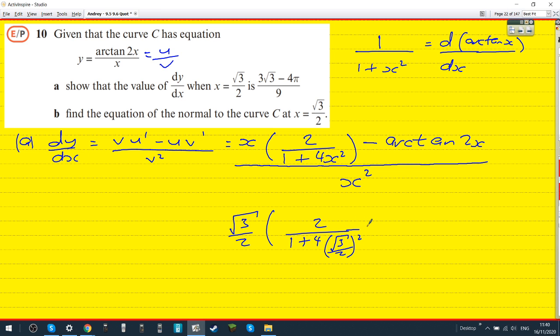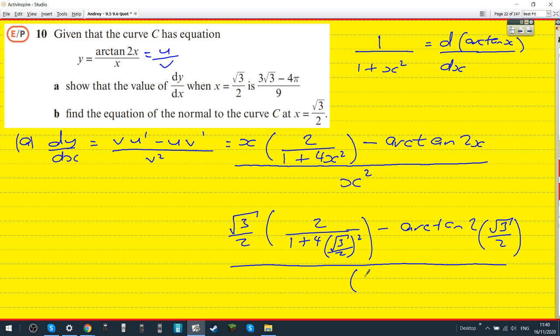Okay, how would you do part B? Find the equation of normal to the curve at x equals root 3 over 2. Is that like for a straight line equation? I've basically got the gradient now, which is 3 root 3 minus 4 pi over 9.